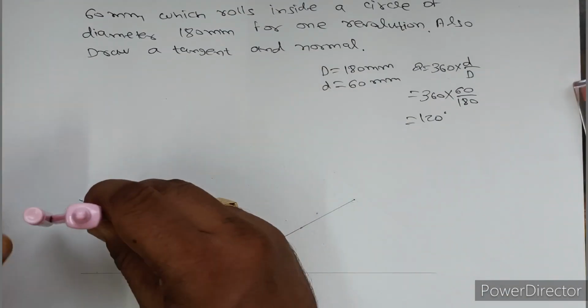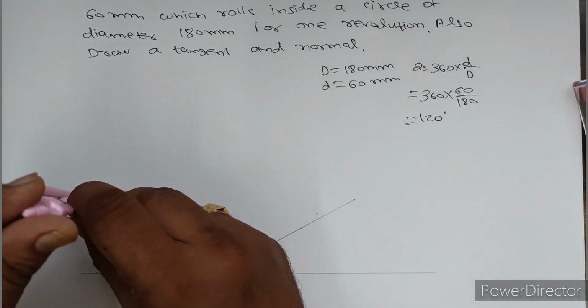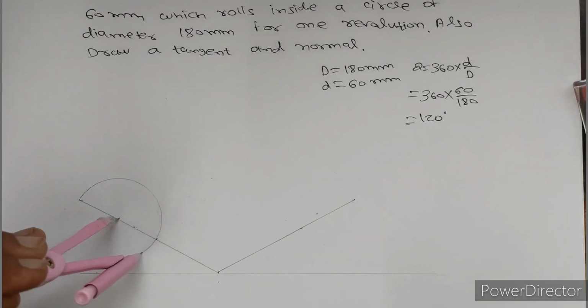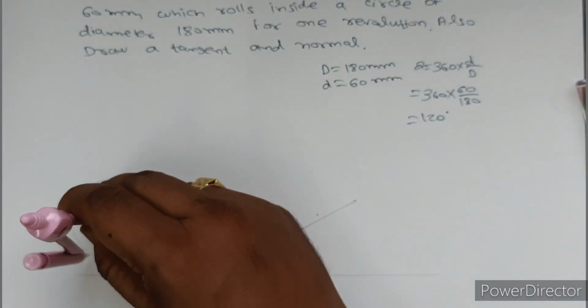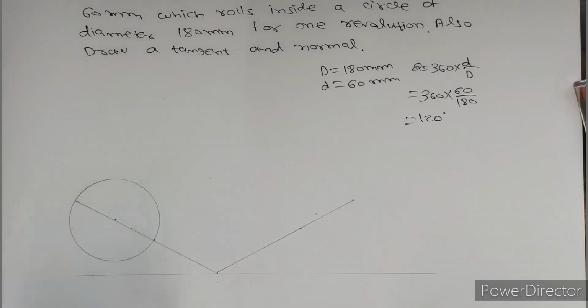This is the center of the circle, and this is the circle. You have to make 12 equal parts of the circle.